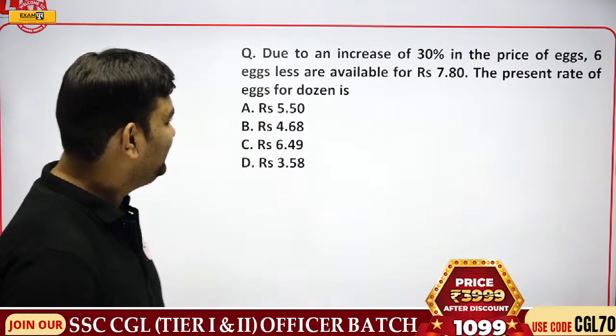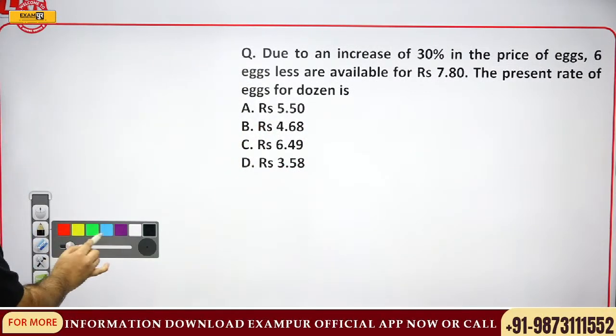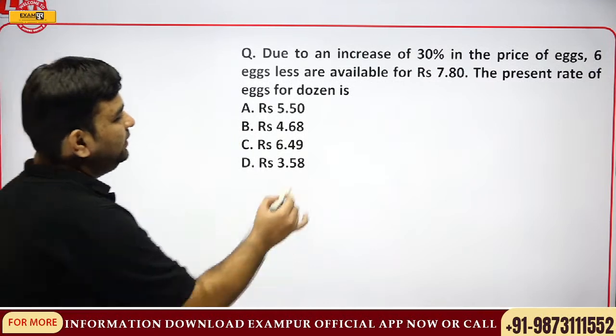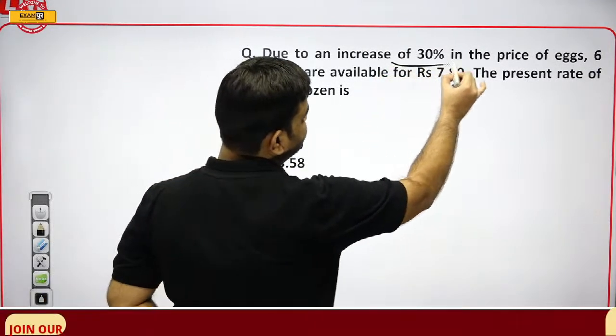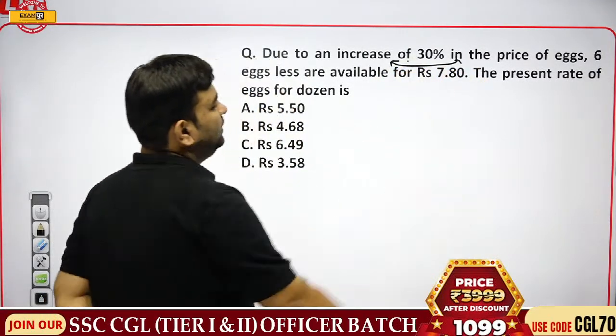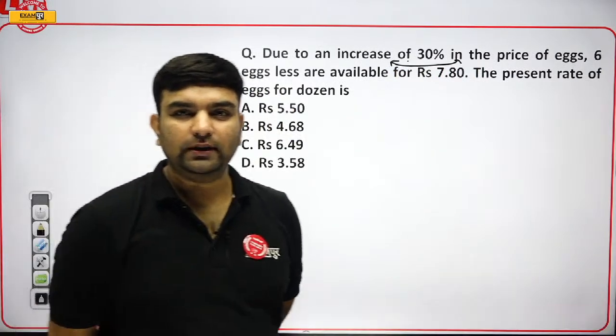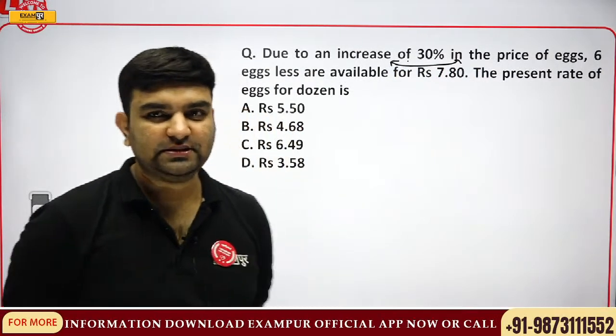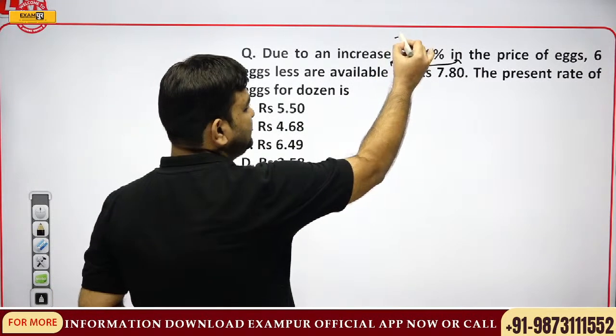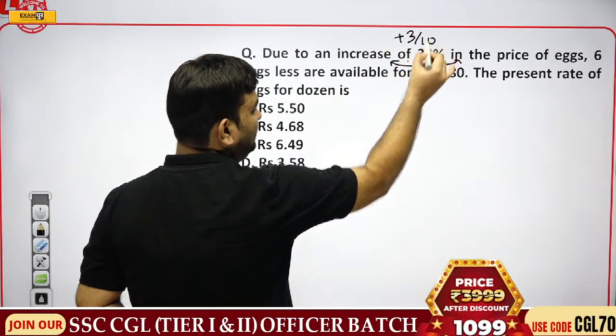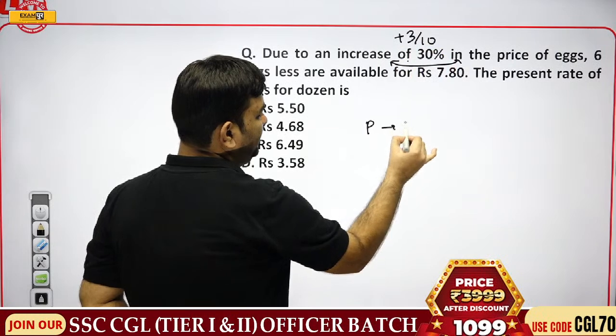Due to the increase in the price by 30%, a 30% increase means 3/10. So price is changing from 10 to 13.